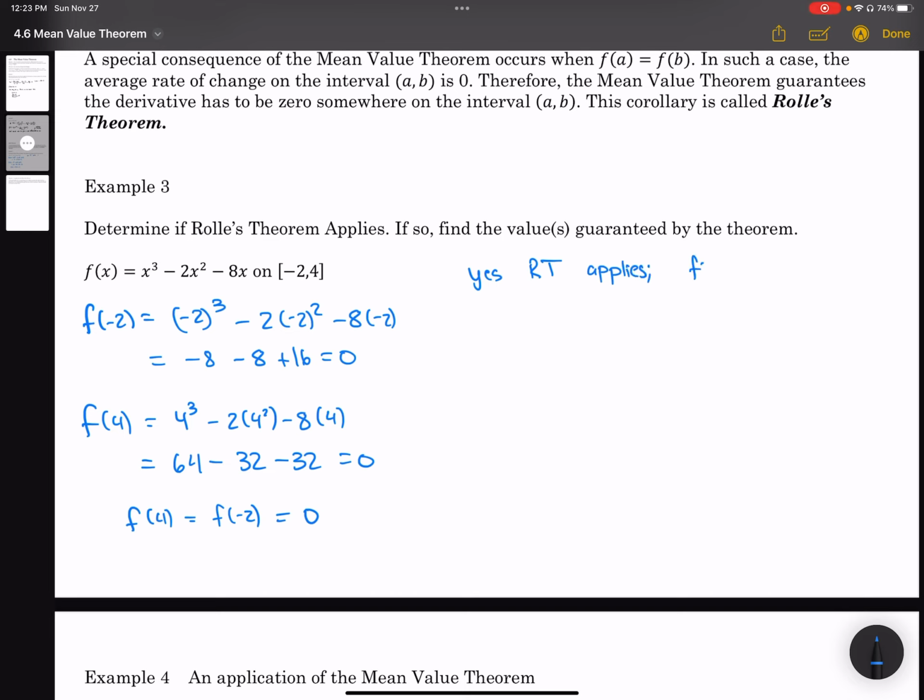The reason is f of negative 2 equals f of 4. And so then the derivative is f prime of x equals 3x squared minus 4x minus 8. And we want to find where the derivative equals 0 on the interval. Does this factor?